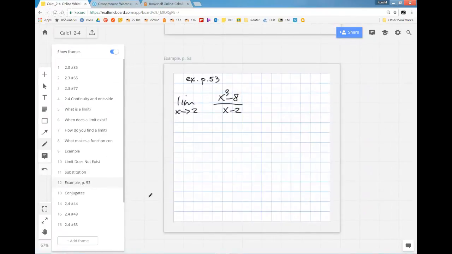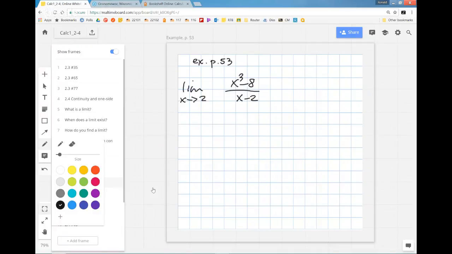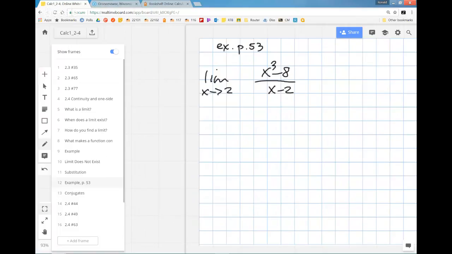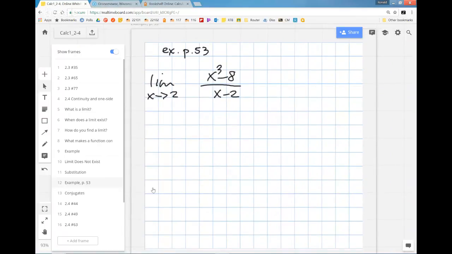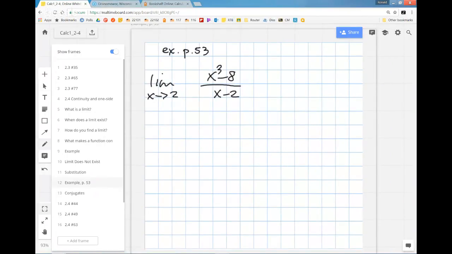So here's an example on page 53. When you do this, you can't substitute, right? And so what you're going to have to do is some factoring if possible. Can we factor this?